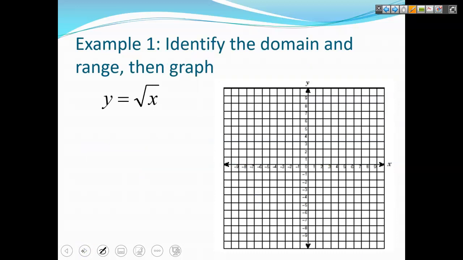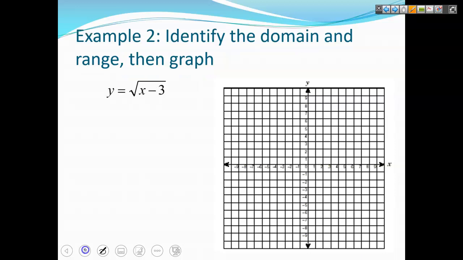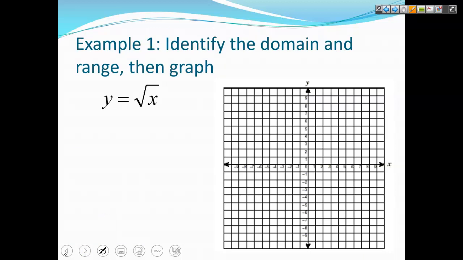So what does the parent square root function look like? The parent square root function will have a domain x greater than or equal to 0, because x is what's underneath the radical.